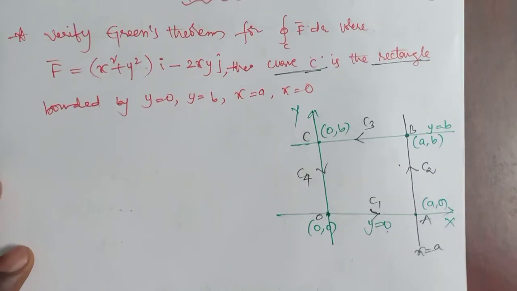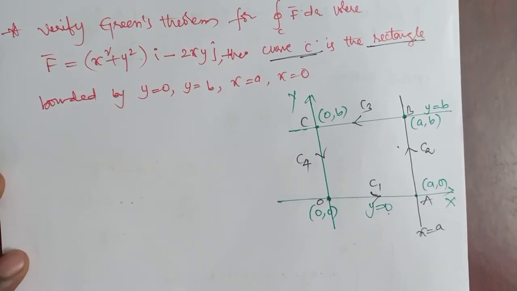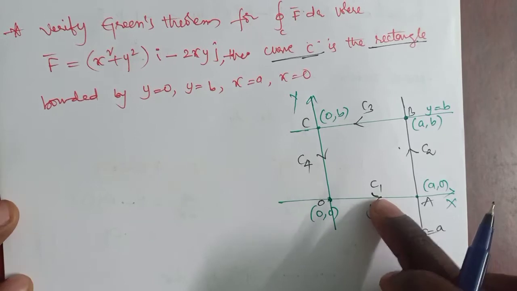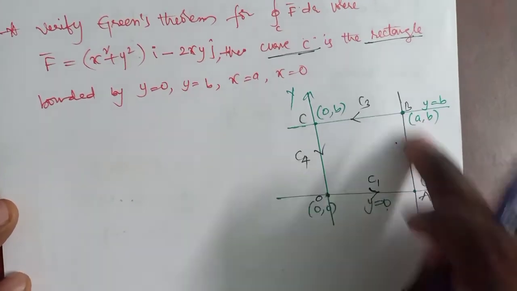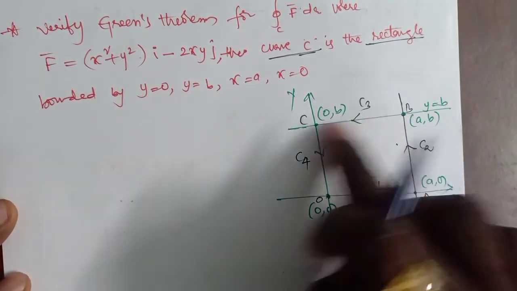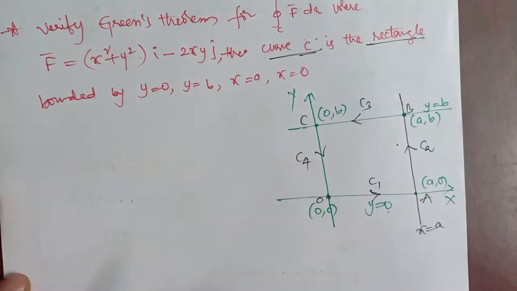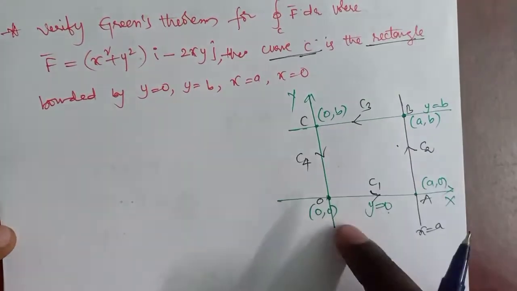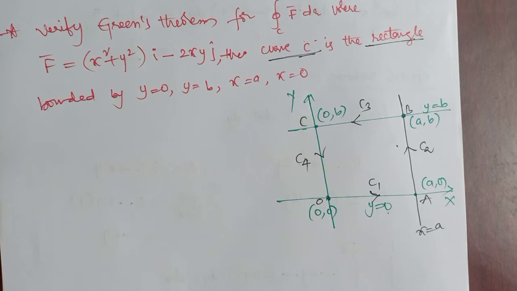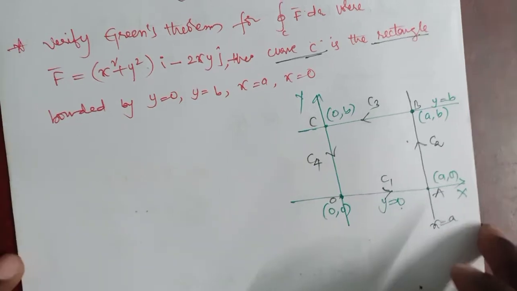So we have 4 curves to be integrated: C1 along OA, C2 along AB, C3 along BC, and C4 along CO.